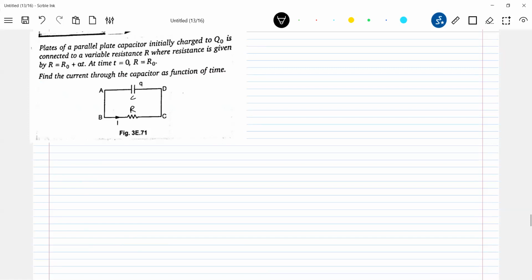It's like a discharging one. The resistance will vary as R naught plus alpha t. Now initially the capacitor has a charge, an initial charge Q naught.